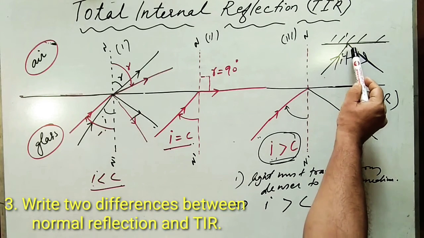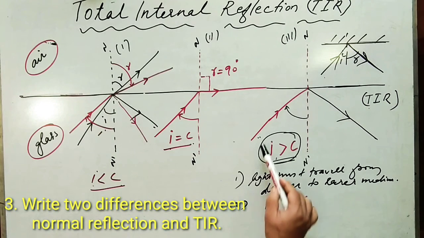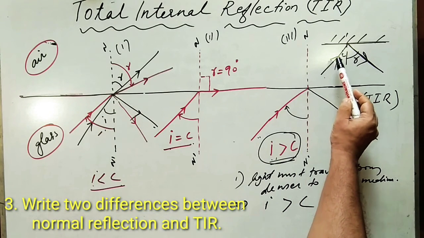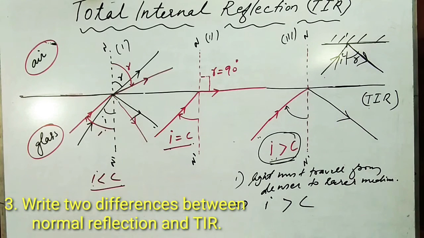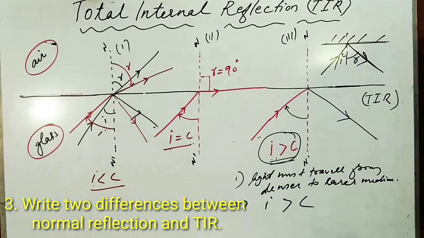In normal reflection, only a part of the light is getting reflected. There is no loss of energy in case of TIR, but in case of normal reflection, there is a loss of energy. So differentiating between TIR and normal reflection is also a board question. Please remember the answer.